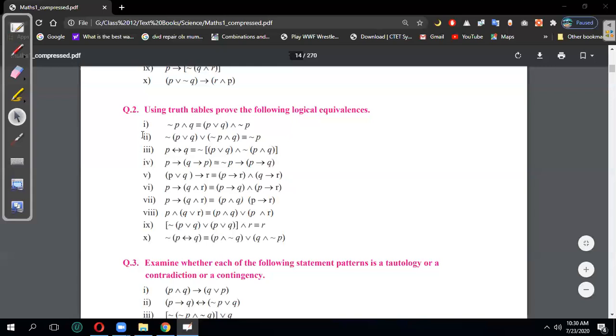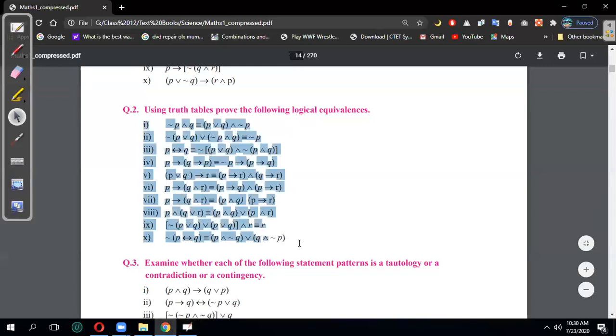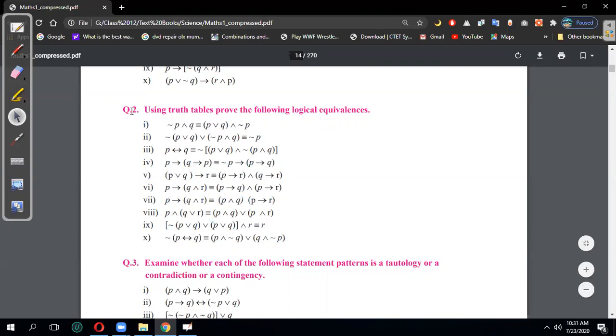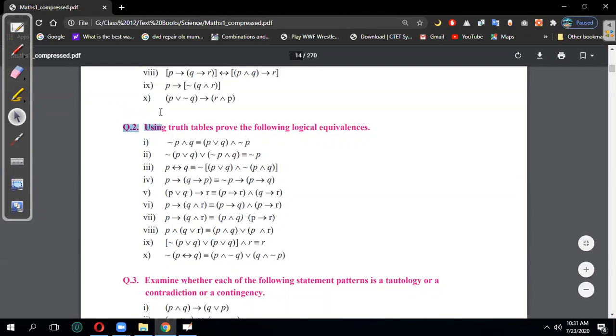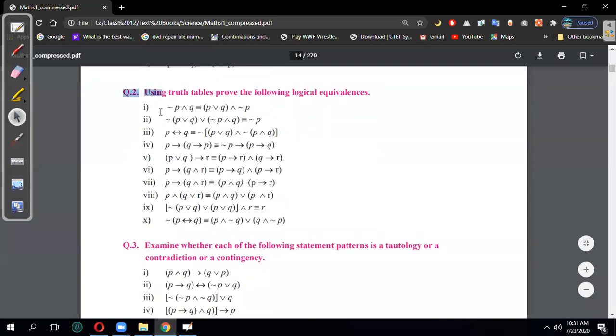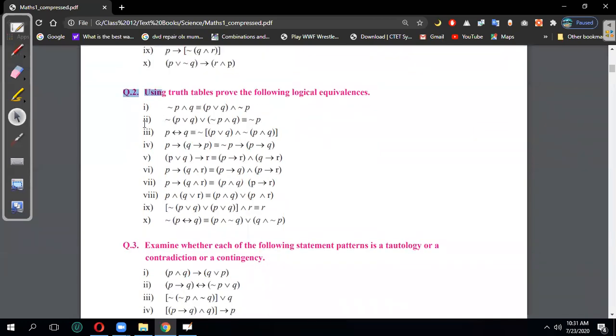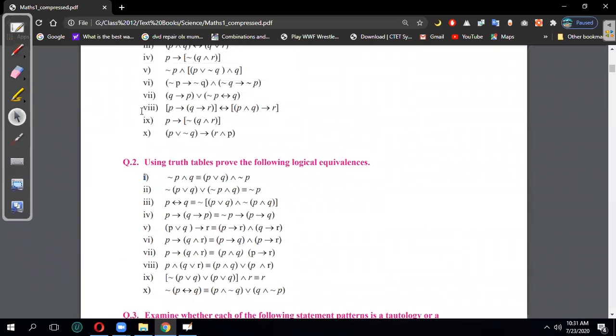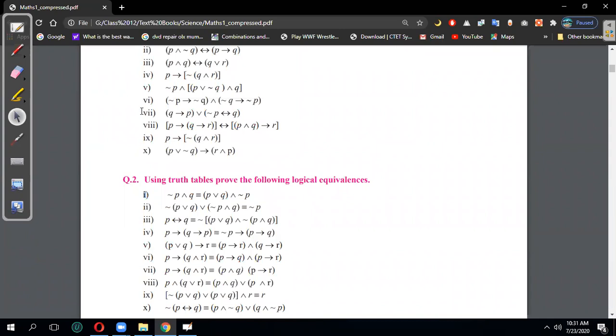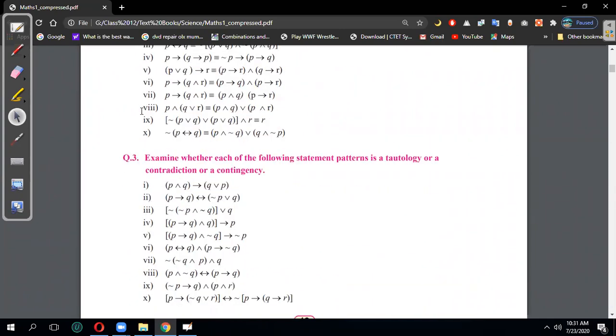In question number 2, can you guys perform all this and take it as your assignment? I will explain how you can write your assignment and which book you require after completing your physics lecture also, since you are already running out of time.